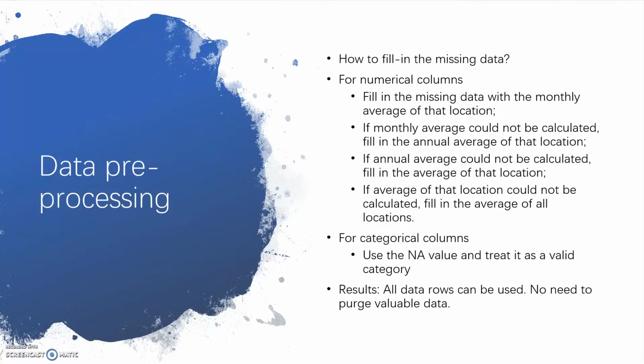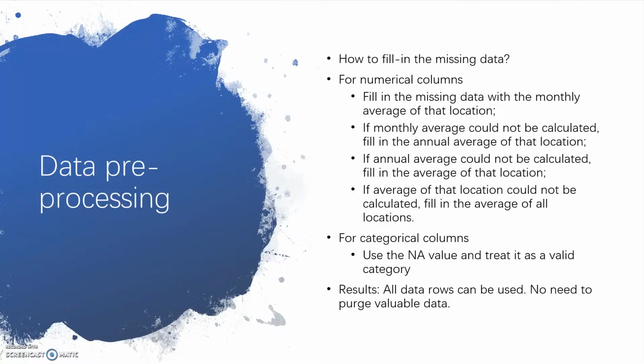For numerical data columns, missing fields are first filled with the monthly average of the values regarding the related location. If the monthly average of a certain field regarding the related location is not available, which could happen if all the values regarding the month and the location are missing, the annual average of the location is used to fill in the missing field.